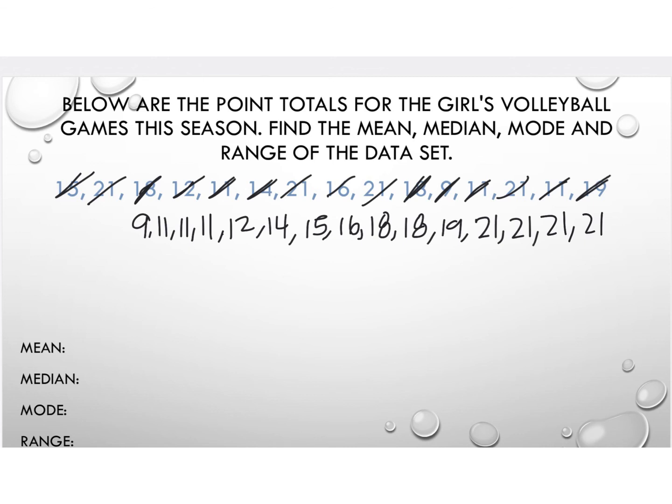All right, so now let's go ahead and find our mean, median, mode, and range. For our mean, remember we're going to add them all up, find our sum, and then we are going to divide by how many numbers are in our number set. So our sum here is 238, and that's adding 9 plus 11 plus 11 and so forth. The amount of numbers, if we count, there are 15 numbers.